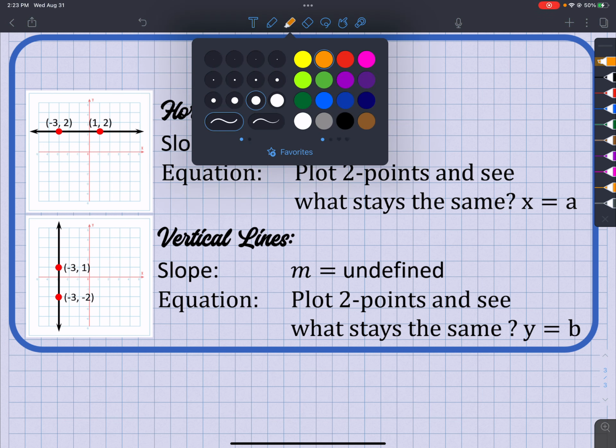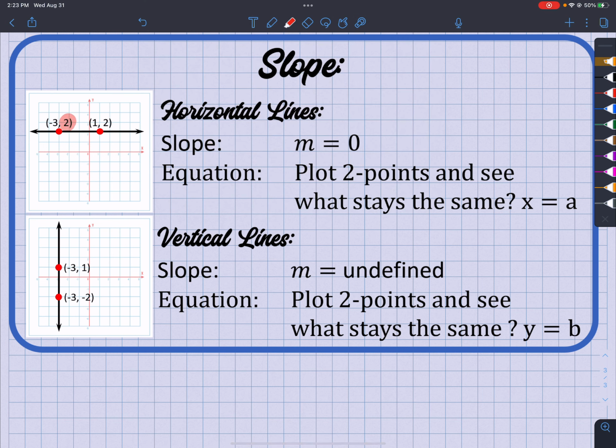Well, as you can see here, the 2 stayed the same. And what value is that? That is the y value. So we should have y is equal to 2 here for that equation. So this right here should say y equals b.